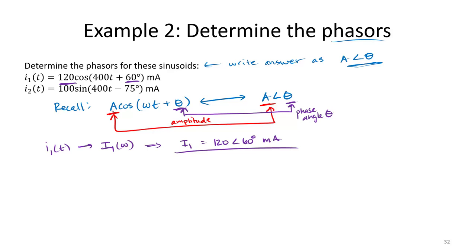So just like that, we just look at our amplitude, look at our phase angle, and we can find A angle theta. Pretty easy, right? How about I2 of t? Is I2 of t just going to be 100 angle negative 75 degrees?